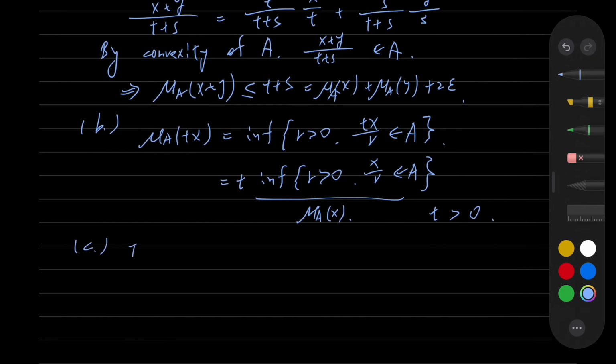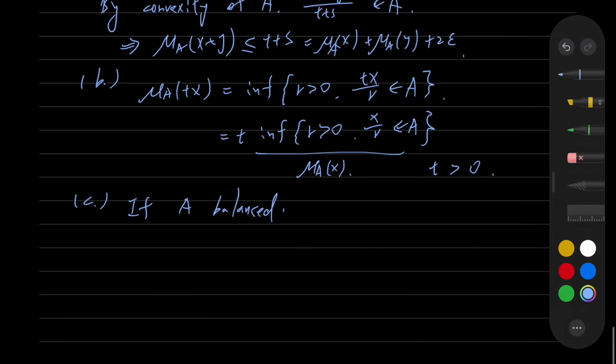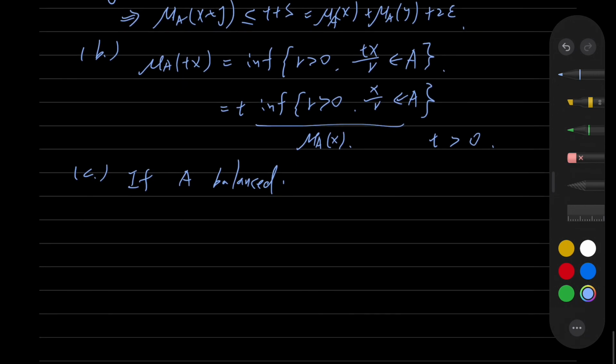And in part C, if further A is balanced, then mu A of x will be the same as mu A of minus x.